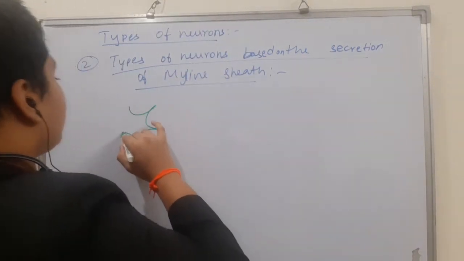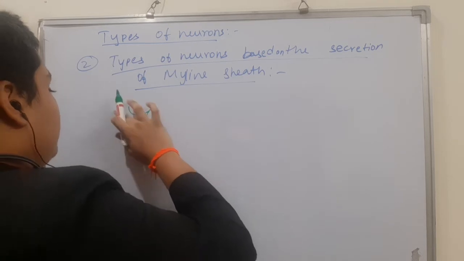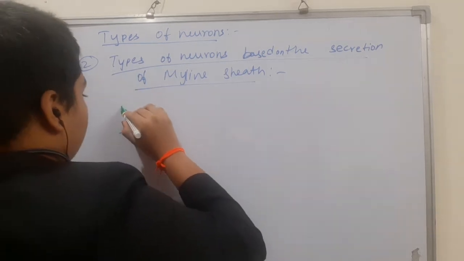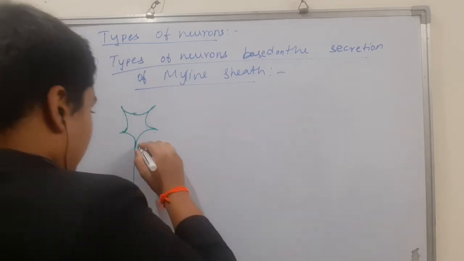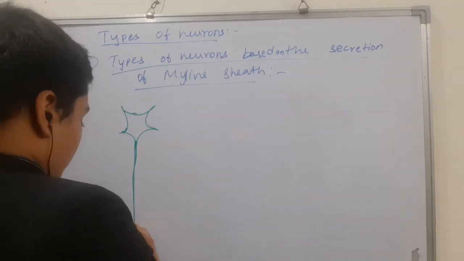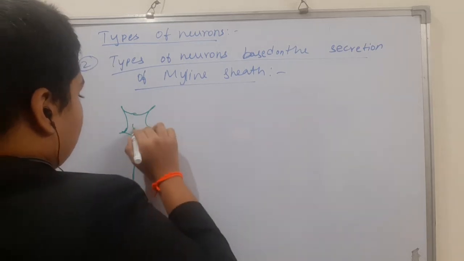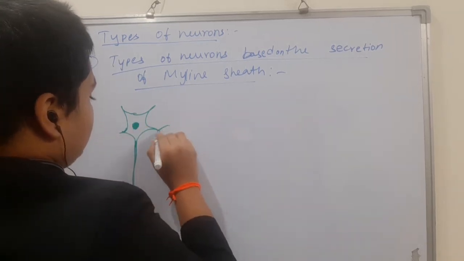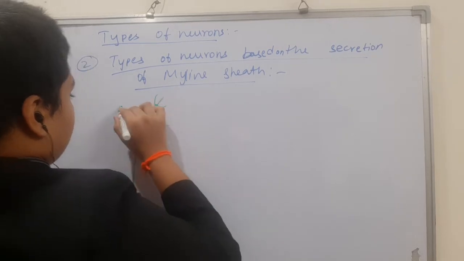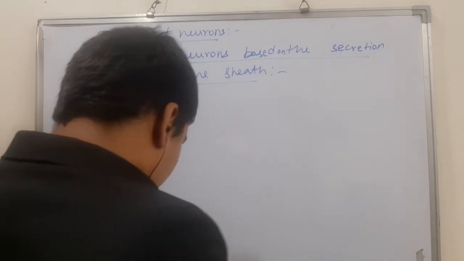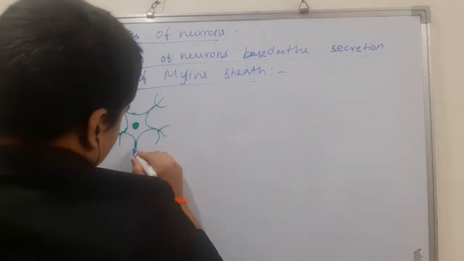I'm not going to write all the parts again, but just carefully watch these diagrams. These diagrams teach you the types of neurons based on the secretion of myelin sheaths. In the secretion of myelin sheaths, which are very important, those are Schwann cells.